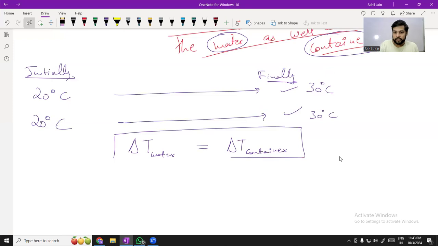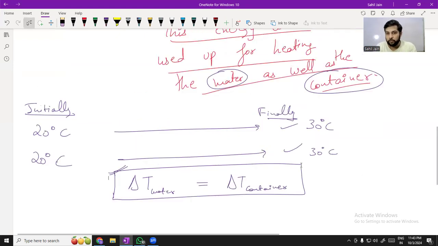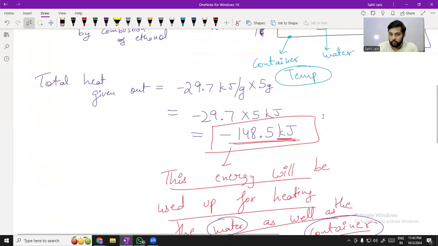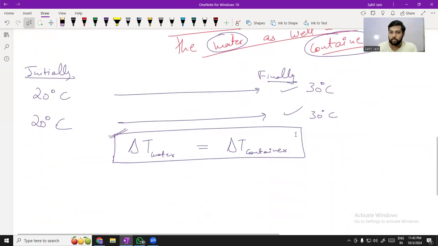I really hope it's clear till here. If it's not, I recommend to pause the video, rewatch it, read the question carefully, and then proceed further. Okay, so we know that the ethanol is giving out this much heat, negative 148.5 kilojoules. That heat is being used for heating up the water as well as the container.